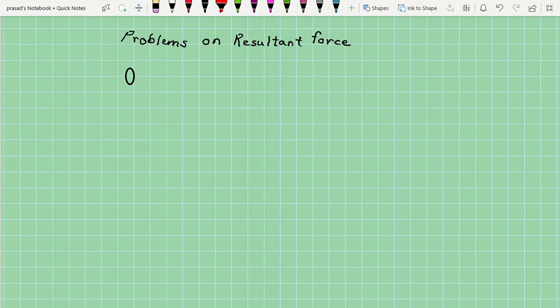So this is an object. On this object, forces are acting. Suppose one force of 20 Newton is acting towards right and the other force of 20 Newton is acting towards left.